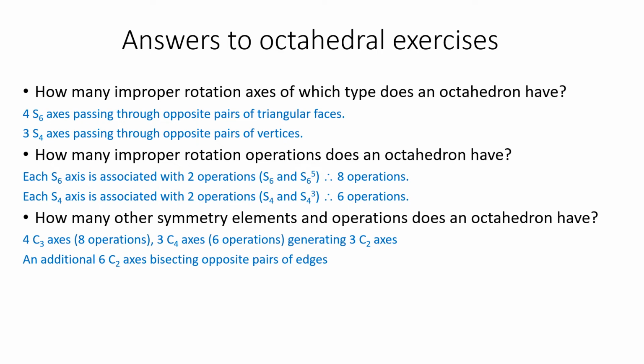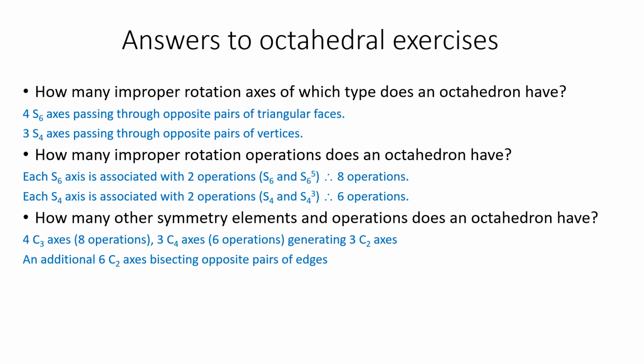Then again, with the C4 axes, these were both connecting 2 opposite vertices. So again, as the octahedron's got 6 vertices, we can have 3 of these axes running through them. So we've got 3 of these C4 axes. And so again, we can do a C4 in one sense, a C4 in the opposite sense, which would be like doing C4 3 times.